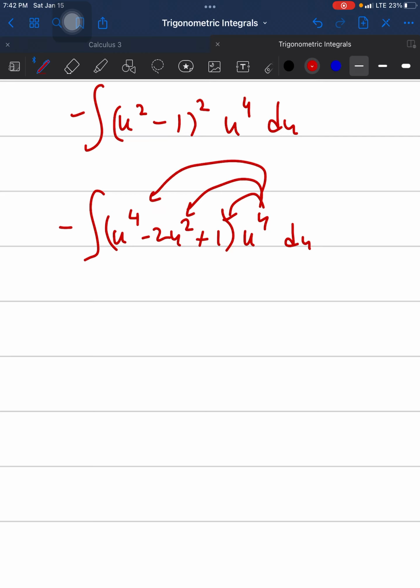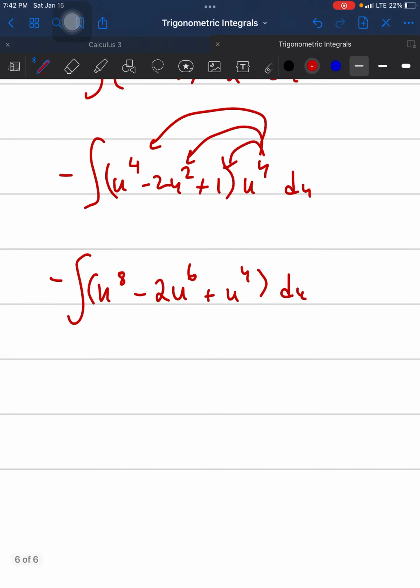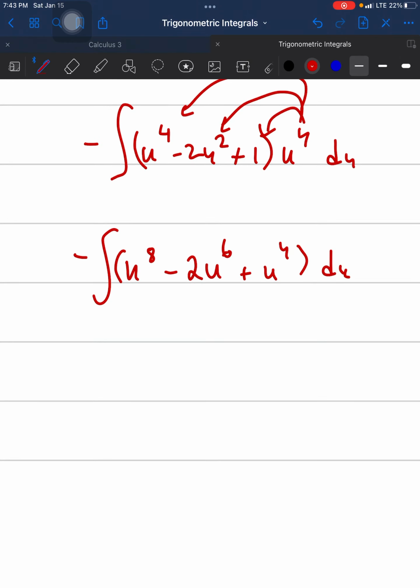Now you do the distributive property, and we get u to the eighth minus 2u to the sixth plus u to the fourth du. Once we get to this part, this is the normal power rule, and you just solve. So let's find the integrals of this.